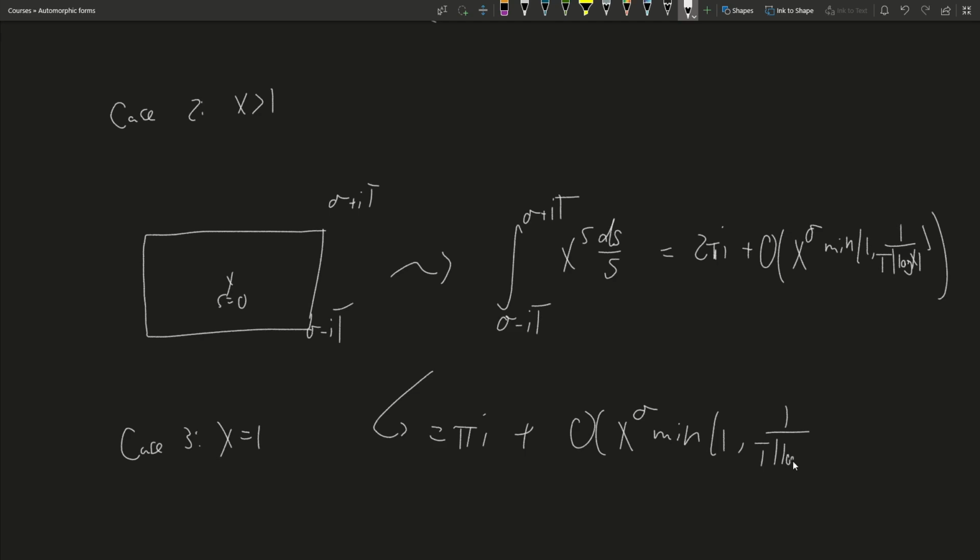And usually in practice, you don't really want to take x to be an integer. Anyway, so this is not really going to come up.